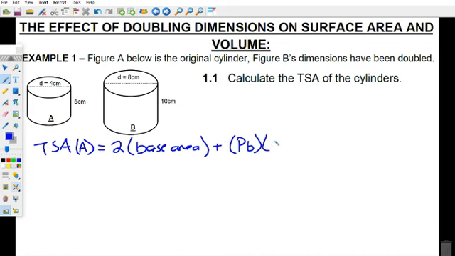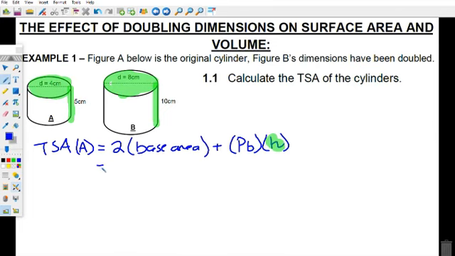And then we multiply it by our height. The height is the thing that makes it into 3 dimensions.